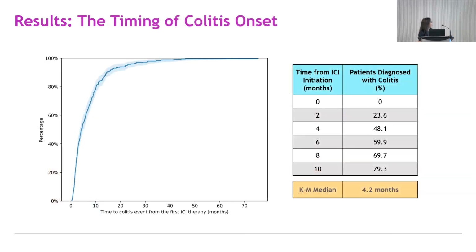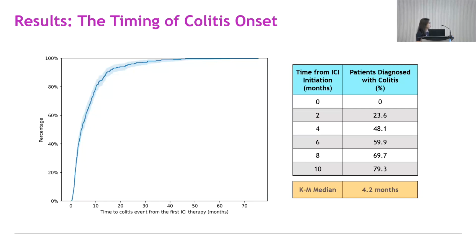Here is a graph presenting the timing of colitis onset. This plot is also generated using the Kaplan-Meier method. From this graph, you can see that around 80% of the patients had colitis events within 10 months from ICI initiation.